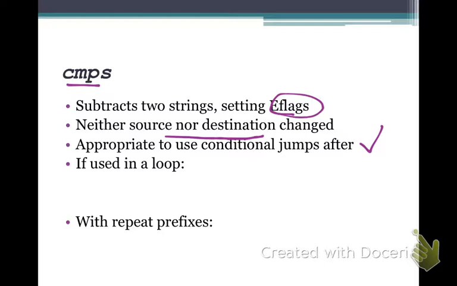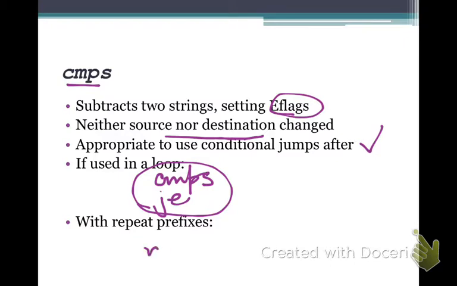If I use it in a loop, it's appropriate to follow compare string with jump if equal, jump if not equal, or some conditional jump instruction. But I could also get rid of the loop structure if possible and just use one of the repeat prefixes. In this case I would say repeat while equal, compare string and some size.